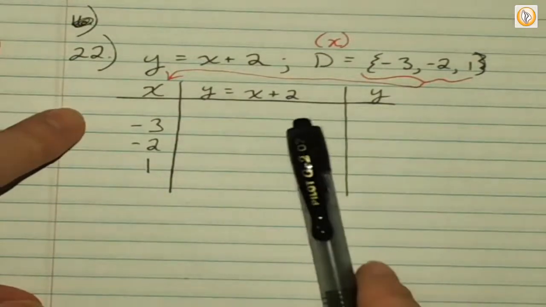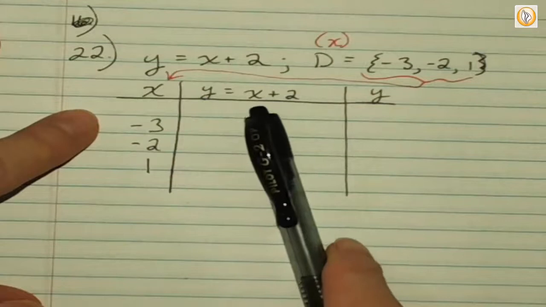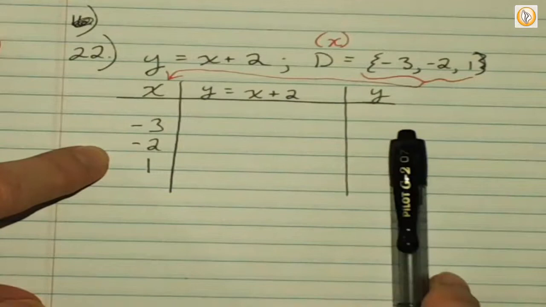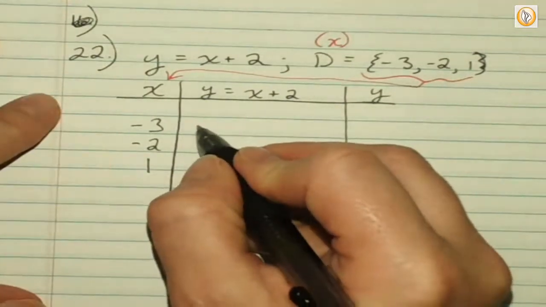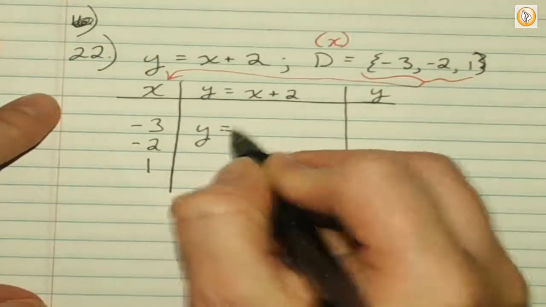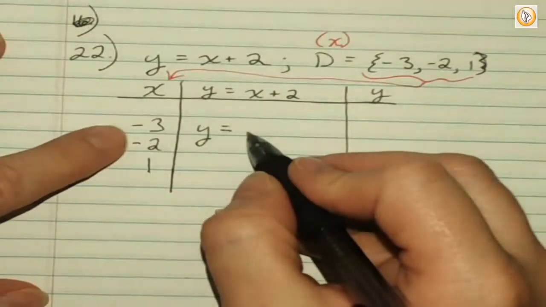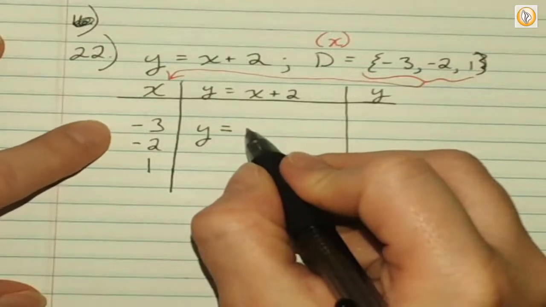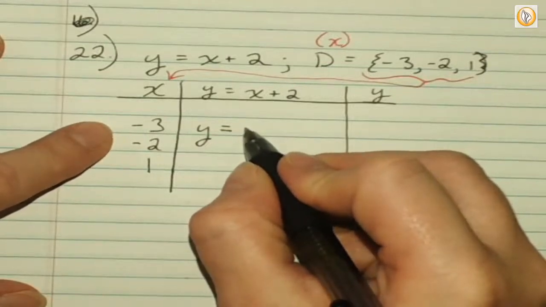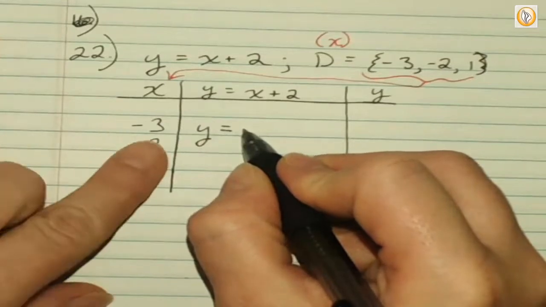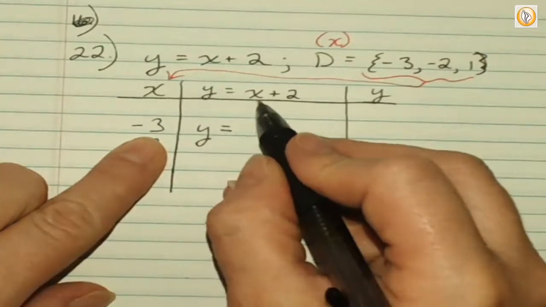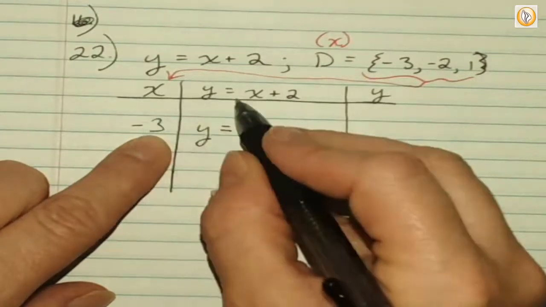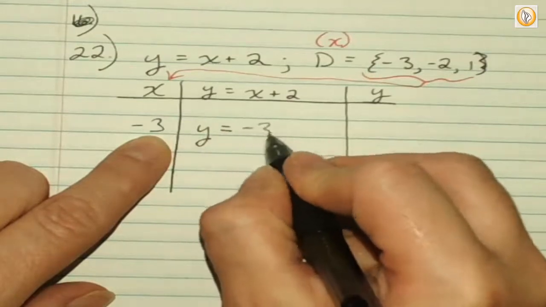Now, what we're going to do is substitute each of these X's into this X to find our Y. So what would my equation look like if I substituted this X in here? Y equals what? Well, we're not multiplying. It's X plus 2. We're going to substitute this X right here, so it would be -3 plus 2.